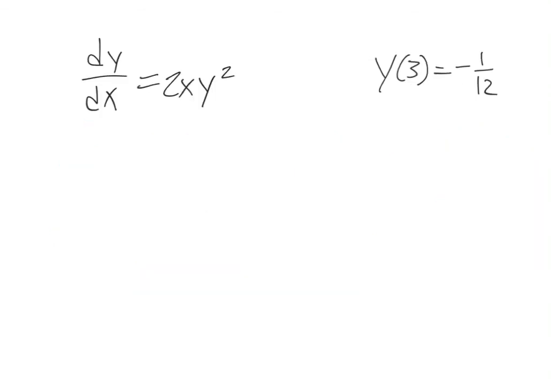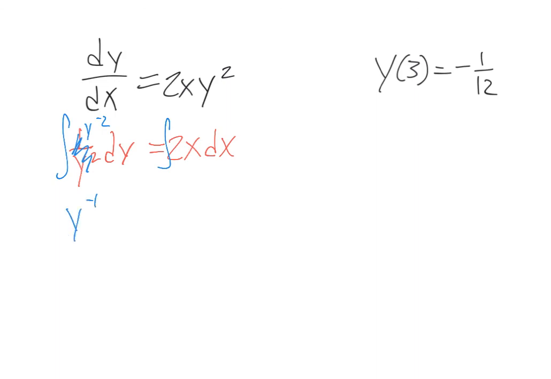One more to look at some particular solutions, and I'm going to do the same stuff here. Separate first. We're going to have 1 over y squared dy is equal to 2x dx. Then when we go to integrate, okay, this is really y to the -2. So that's going to be y to the -1 divided by -1.